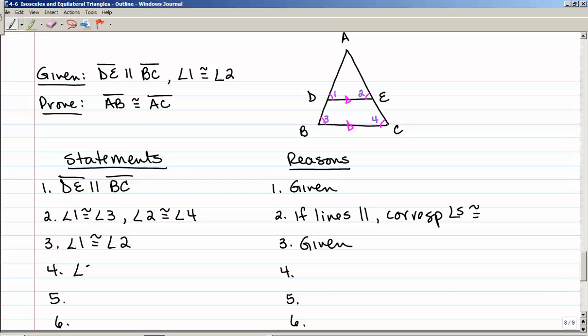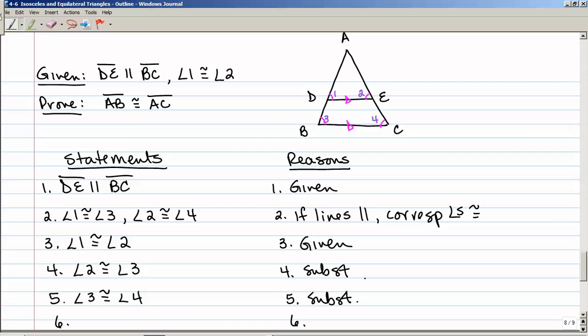I can say that angle 2 is congruent to angle 3 by substitution. And now I'll use that along with 2 is congruent to 4. If 2 is congruent to 3 and 2 is also congruent to 4, then I can say 3 is congruent to 4. Again by substitution.